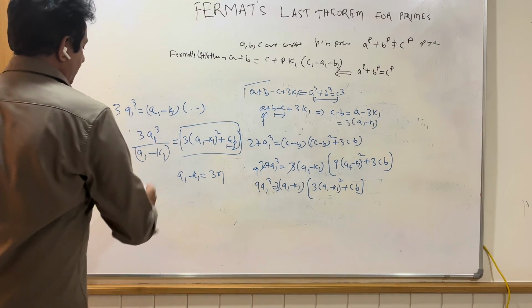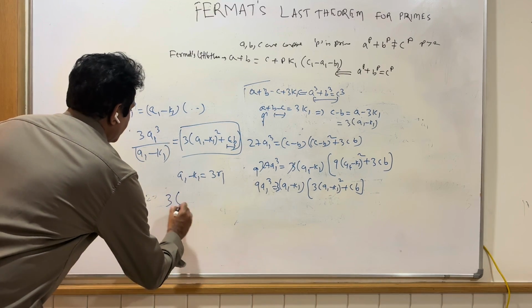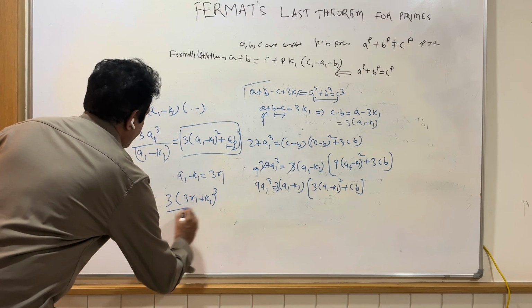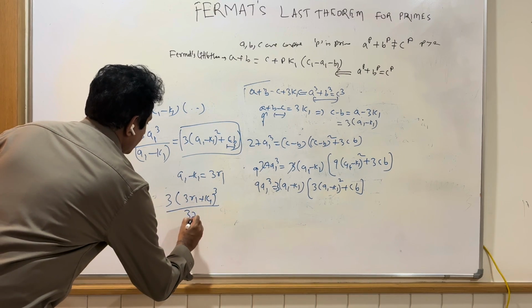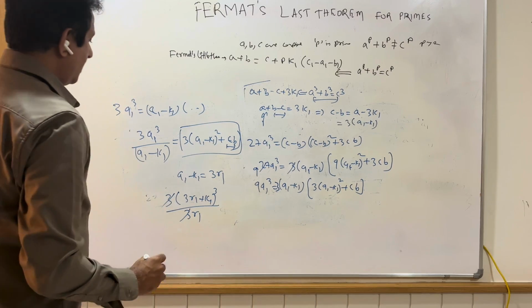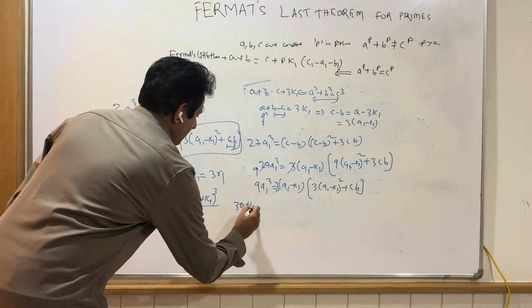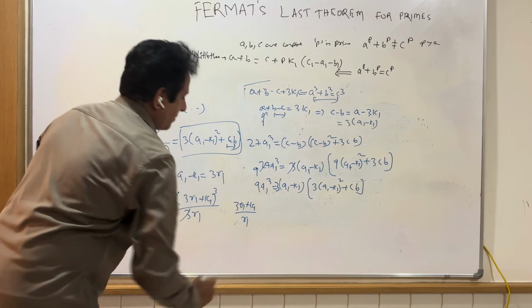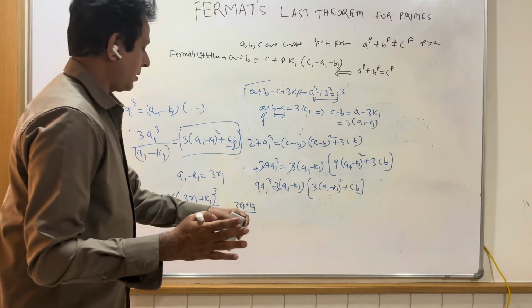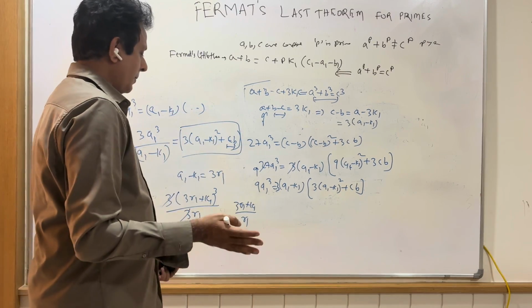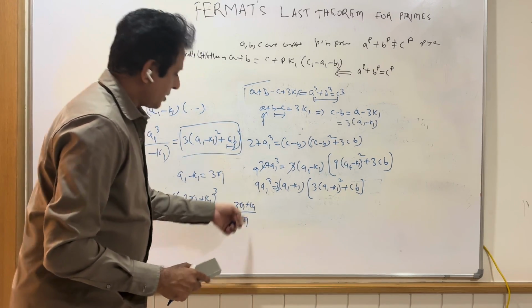So 3 into 3r1 plus k1 whole cube by a1 minus k1, which is 3r1. That's it. So 3r1 plus k1 should have r1 as a common factor. Once again we hit upon the previous case, when c is a multiple of 3, that k1 and r1 should have a common factor.